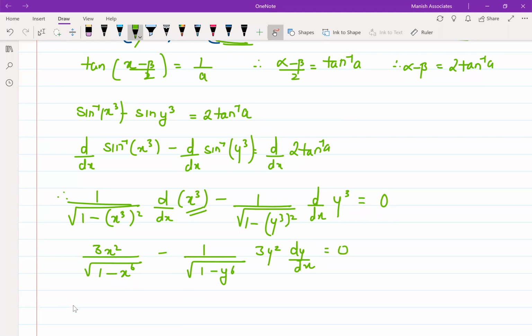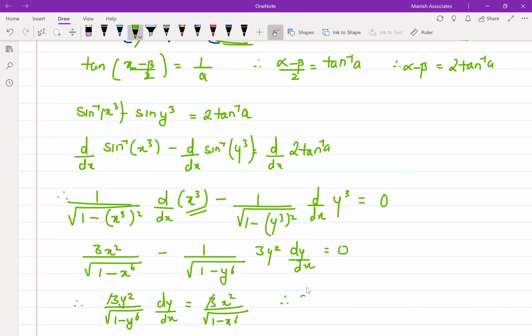Correct? Now what will you do? Just shift the term. Therefore you can write 3y square upon root of 1 minus y raised to 6 equals 3x square upon root of 1 minus x raised to 6. Correct? The 3 cancels.